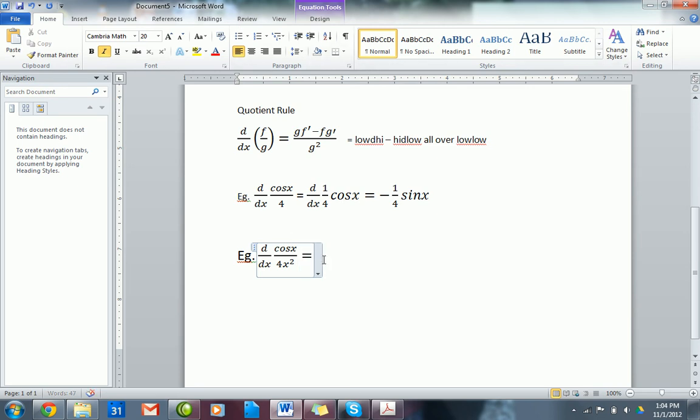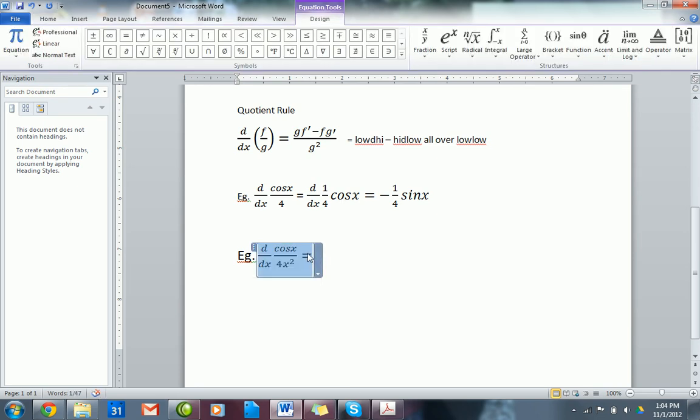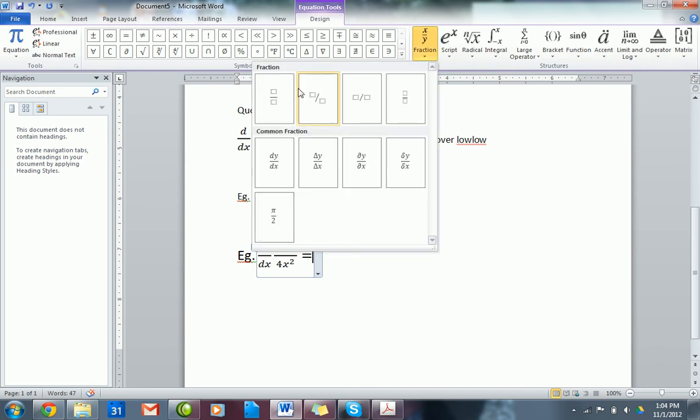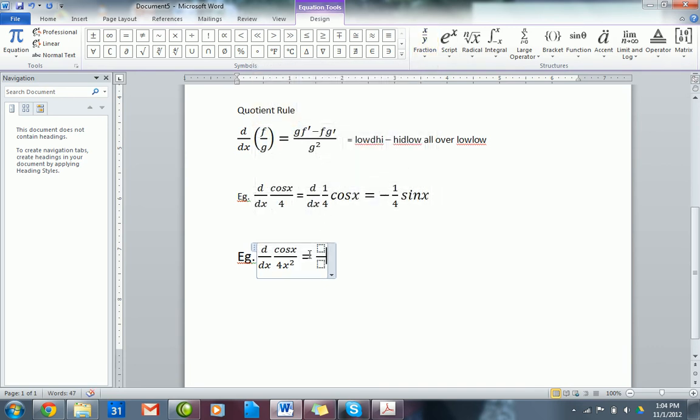What I'm going to do is take the derivative of high over low, and that's going to be low, which is just 4x squared, times d high, the derivative of my numerator, which is cosine, so negative sine x, minus high, which is my cosine of x, times d low.